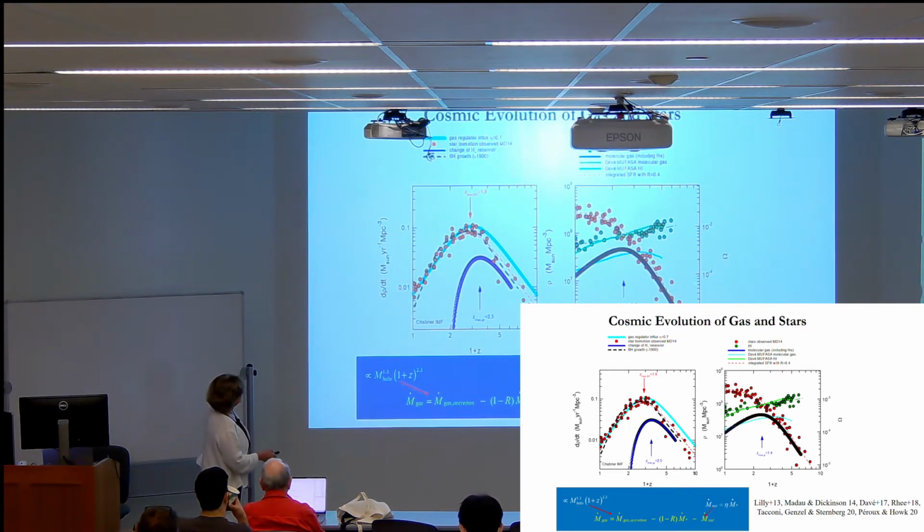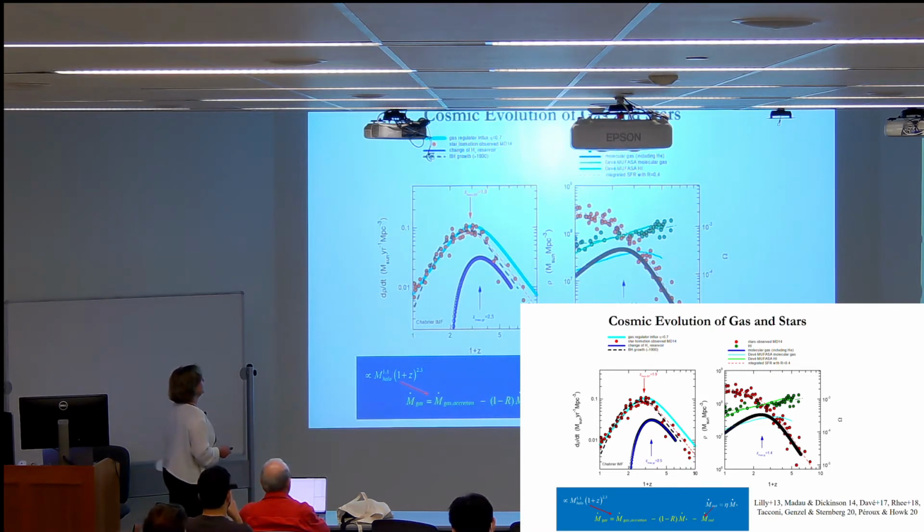The stellar mass increase here. This is the H1 density from the various H1 surveys, also the absorption line surveys. And this is from the simulations of Romeel Davé's MUFASA, his predictions of molecular gas.